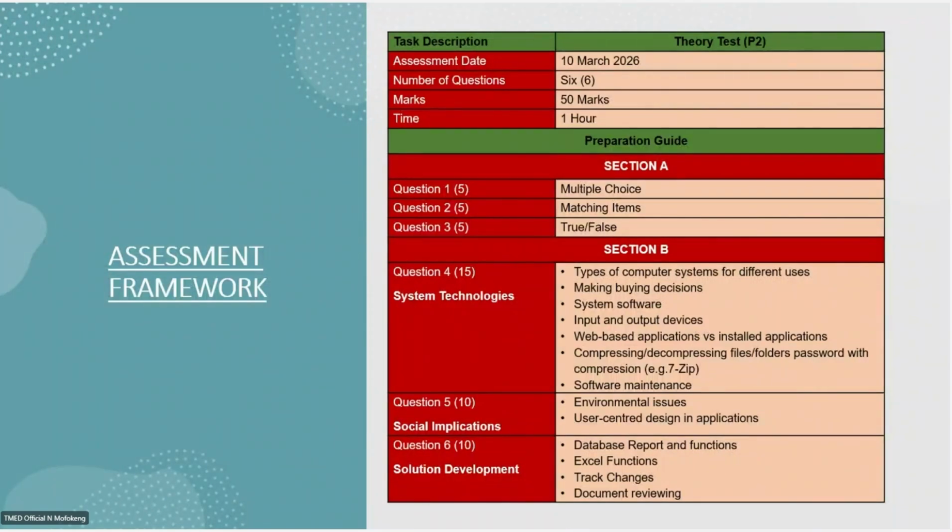Your social implications, your system technologies, your general concepts, everything that you have been taught in term one. Now moving on to section B. Section B is your system technologies. So under system technologies, the first bullet there, we have types of computer systems for different uses.